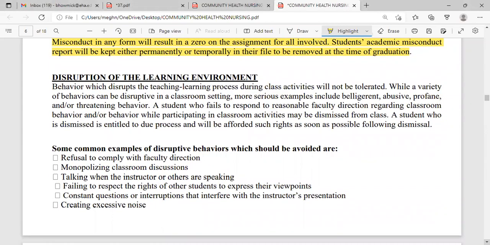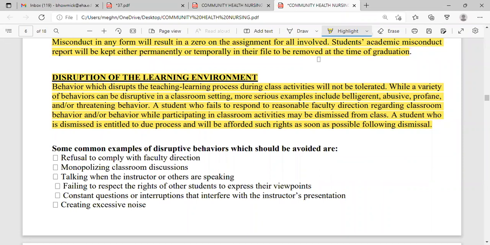Now a little bit about disruption of the learning environment. Behavior that disrupts the teaching-learning process during class activity will not be tolerated. While a variety of behaviors can disrupt a classroom setting, more serious examples include abuse or any kind of threatening behavior.